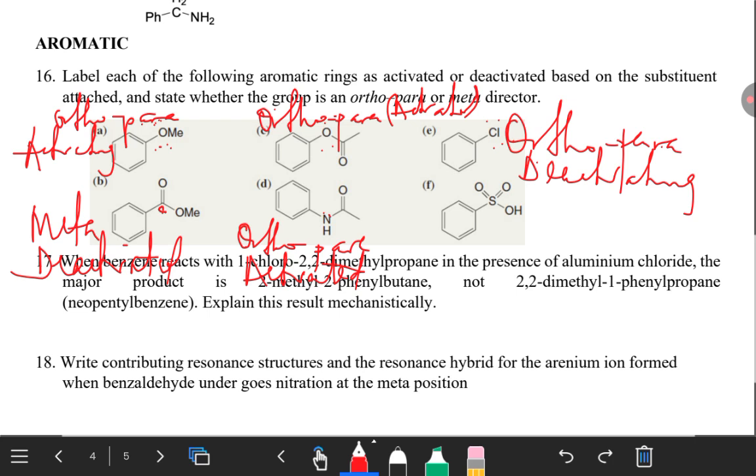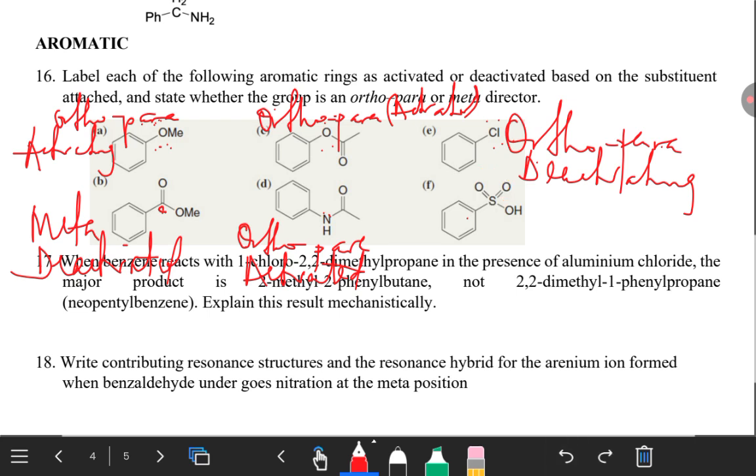If we count from this structure, we can see 1 2 3 4 5 6, that sulfur has formed 6 sigma bonds.